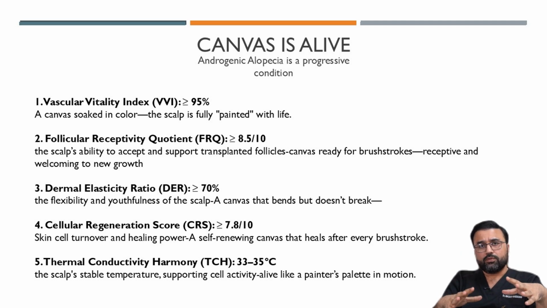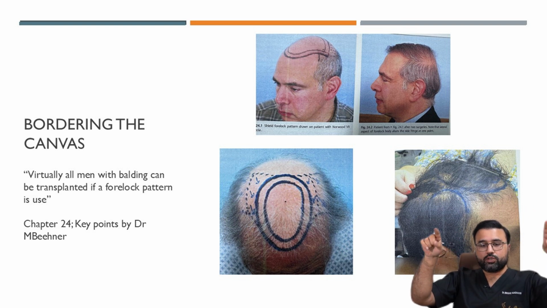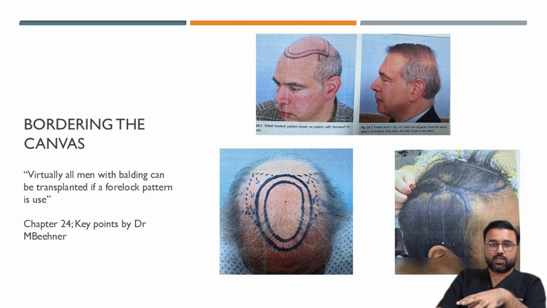So first of all, when we are making the surgical site, we need to border the canvas, just as if anyone is interested in painting, we first need to border the canvas. Same as in chapter 24 of our Bible, Rassman and Unger, 6th edition, Dr. Michael Behner wrote in the key points that virtually all men with balding can be transplanted if a four-log pattern is used.